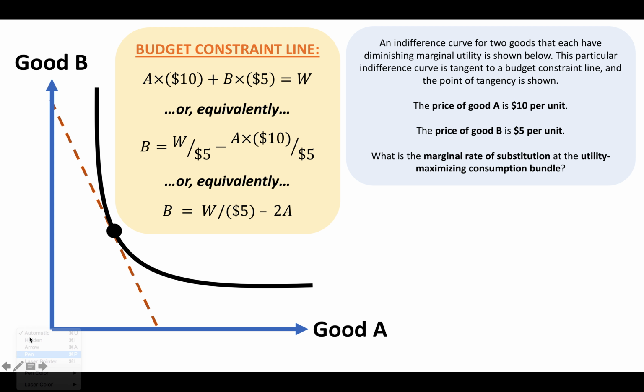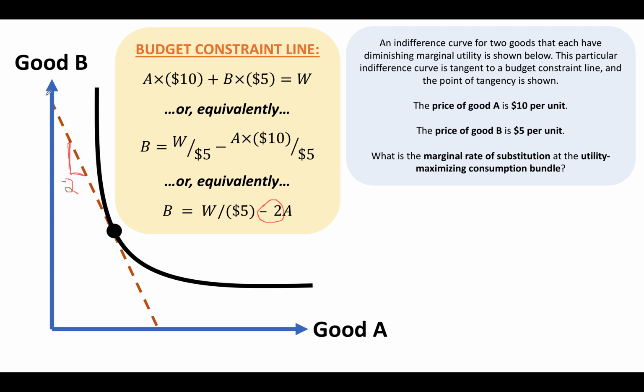So if this curve here has a slope of -2, which corresponds to this slope here.